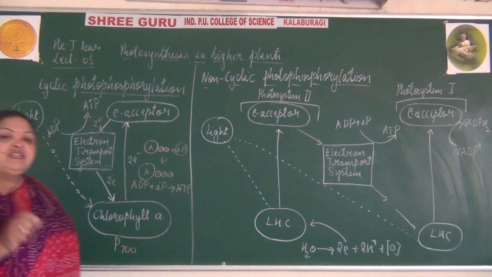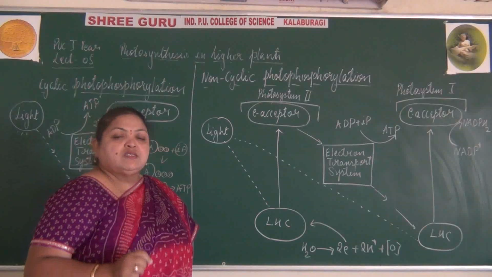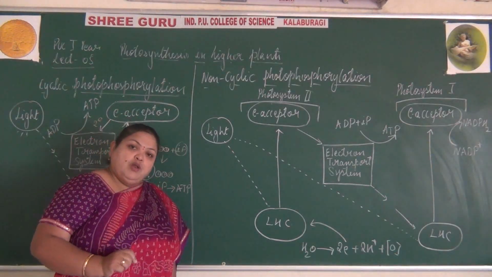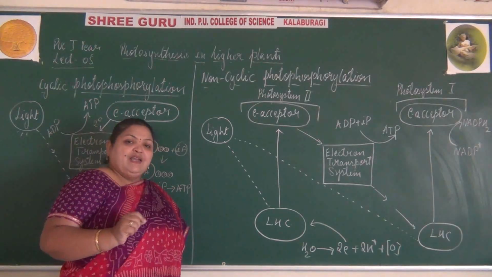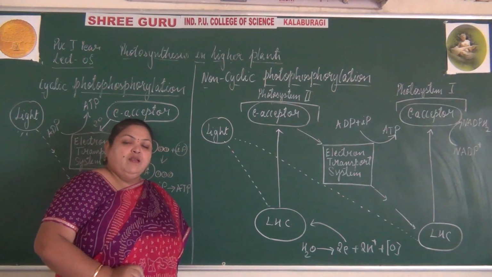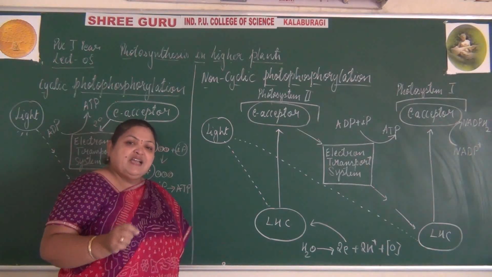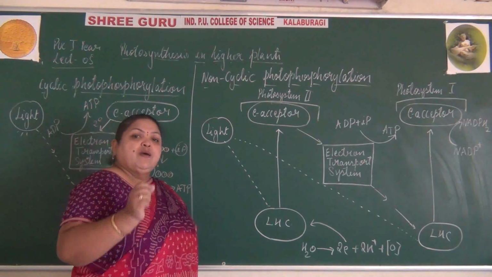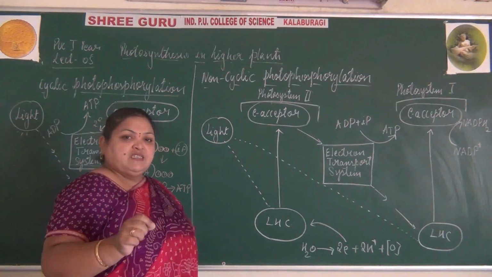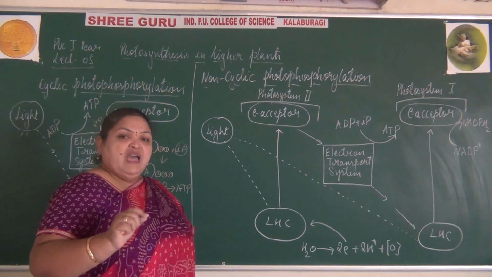The light reaction itself is the reaction where there is synthesis of ATP molecules. So in this cyclic process, 2 ATP molecules are synthesized by the phosphorylation process or by the cyclic movement of the electrons.